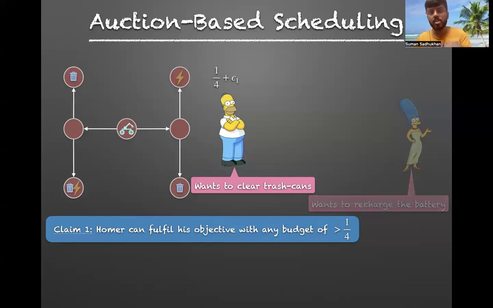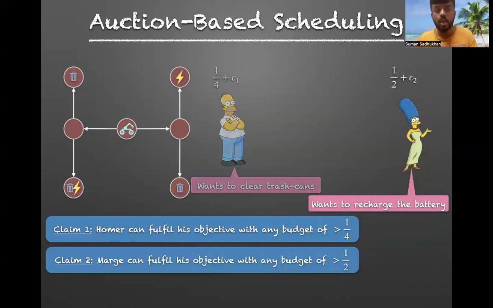For Homer, this is his bidding game, where the objective is to visit these three vertices, and we compute the threshold budget in this game. And we compute for Marge the threshold budget from this bidding game, where her objective is to visit these two vertices.